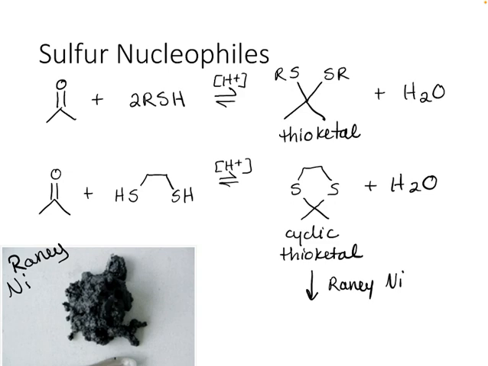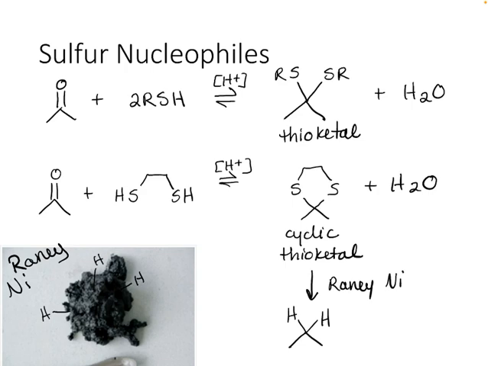So Raney nickel, it's a nickel aluminum alloy, and the surface of this alloy has hydrogen atoms on it. So we can just kind of draw some hydrogens on here. They're just stuck in there in that material. Those hydrogen atoms are going to replace the sulfur atoms, and we're going to end up with just our alkyl group there by itself.